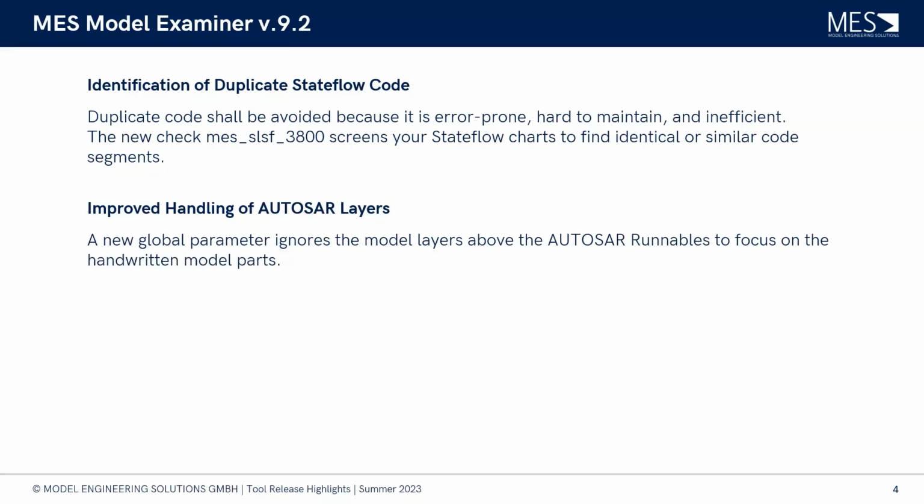Which would also mean that some of the model structure is part of the AUTOSAR architecture and therefore shouldn't be changed or analyzed, right? And that's why there is a way to configure your analysis so that this requirement is fulfilled. Yeah, so that's exactly the case.